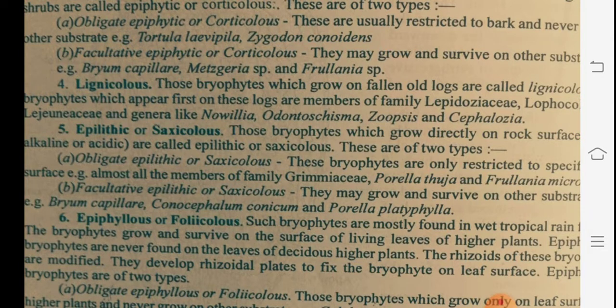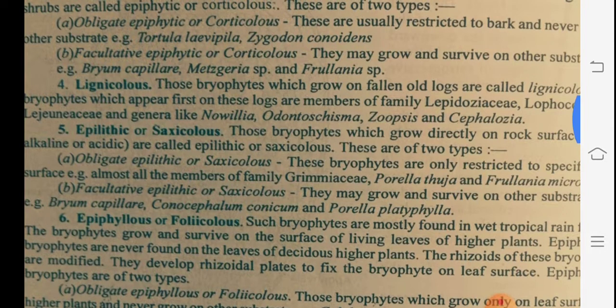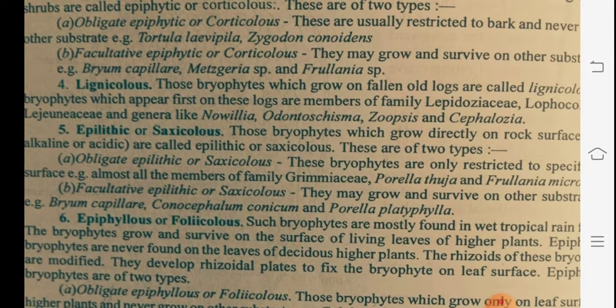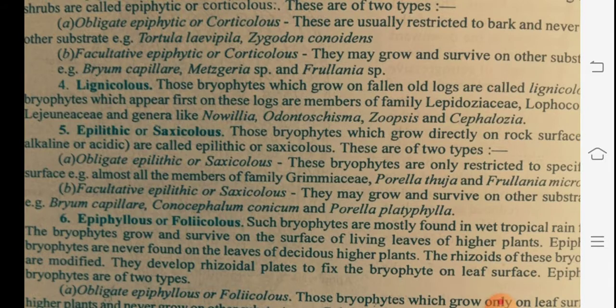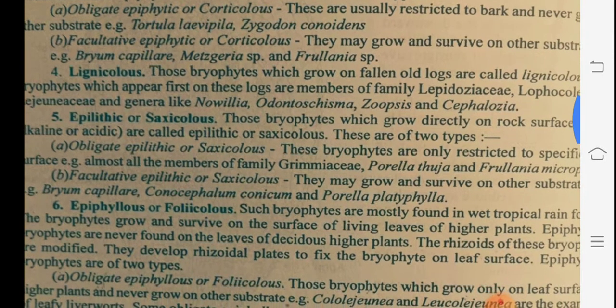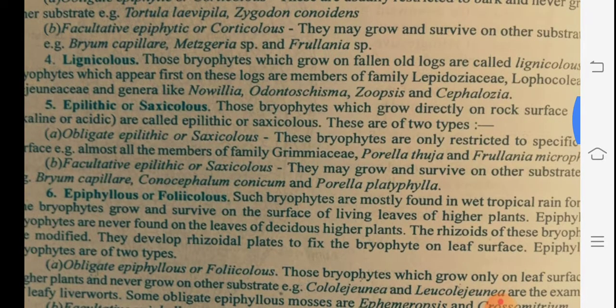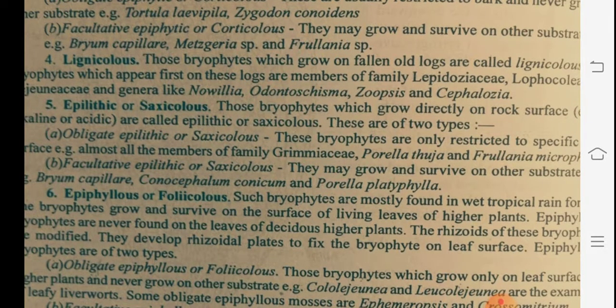Then epilithic, or these are called saxicolous. These bryophytes directly grow on rocks, in alkaline or acidic condition, so they are called epilithic. There are two main types, again obligate and facultative. In obligate, some good examples are Porella, Grimmia, or Frullania.